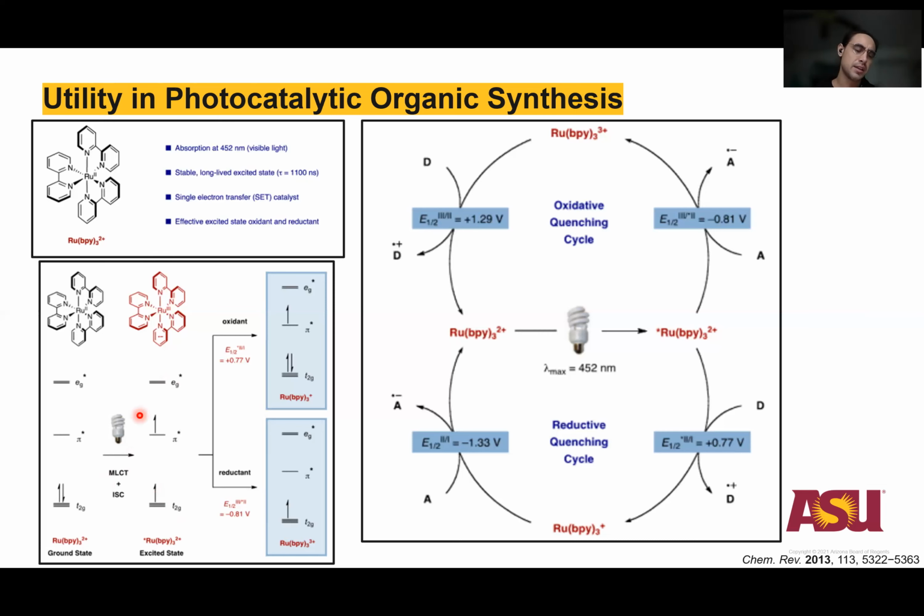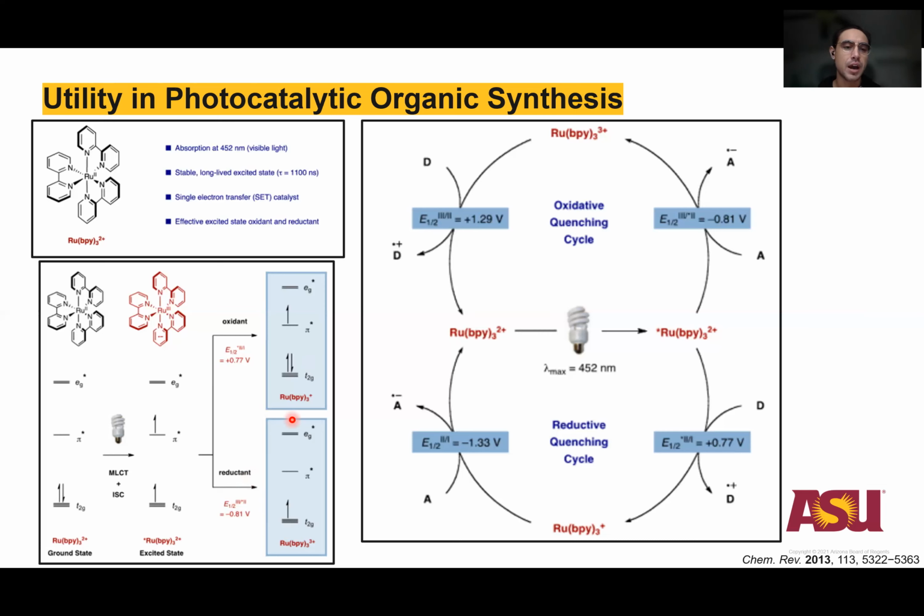In this state, the Ru(bpy)3 can act as an oxidant with a redox potential of positive 0.77 volts, and also as a reductant with a redox potential of negative 0.81 volts. And you can see that here.